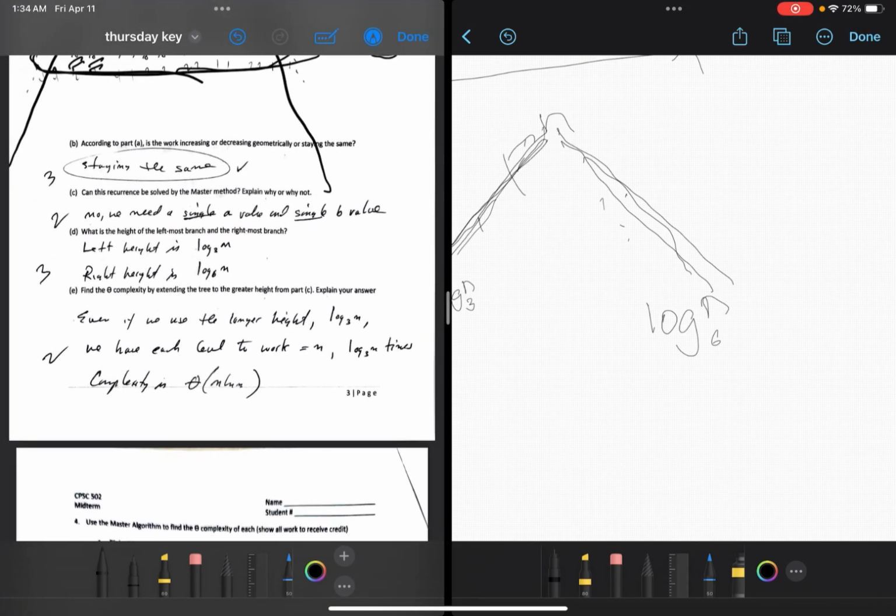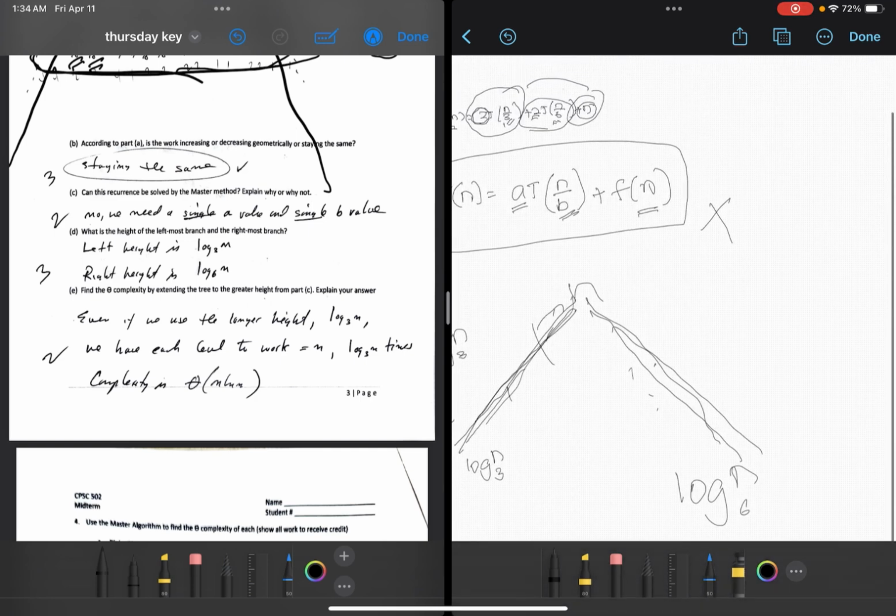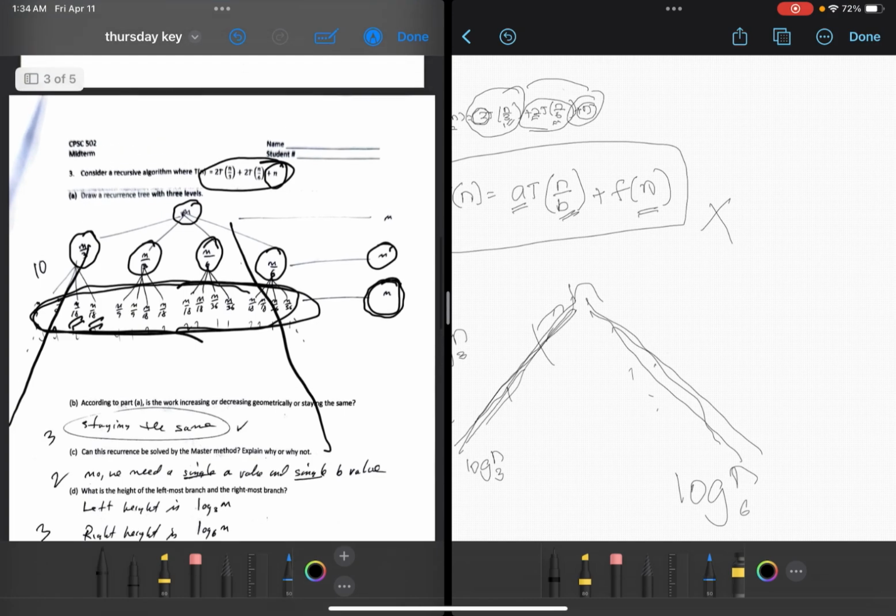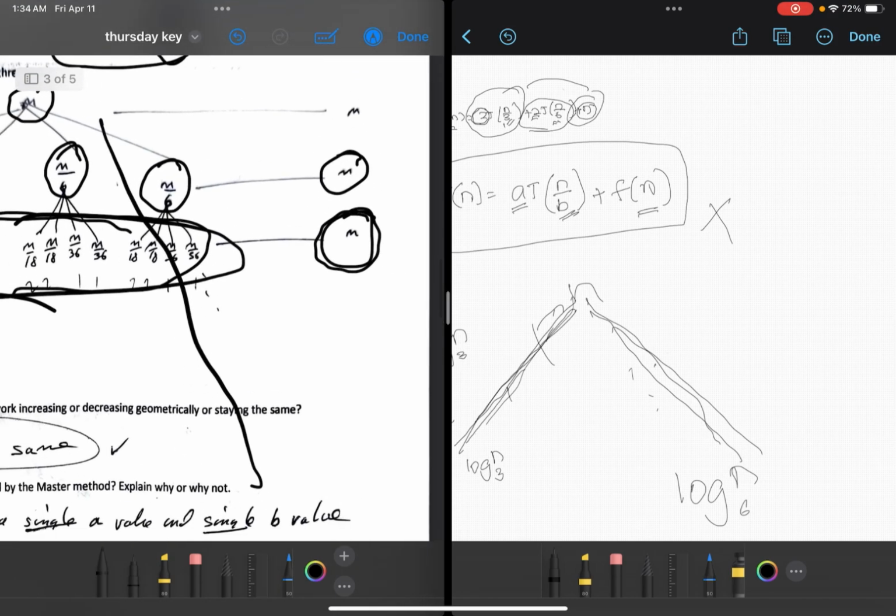Find the theta complexity by extending the tree to a greater height from part C. We can observe here that the work done in each level is n.